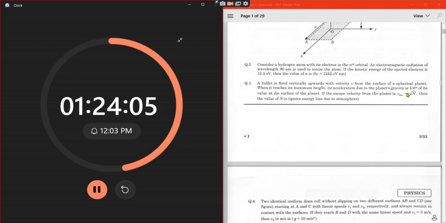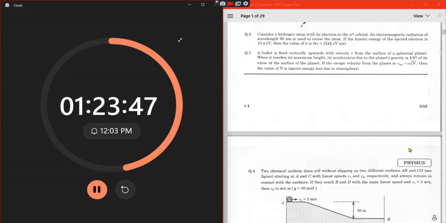In fact v naught squared is equal to GM upon r, I believe. And then V escape squared is equal to 2GM upon r, which means V escape is root 2 times V naught. So n is 2.